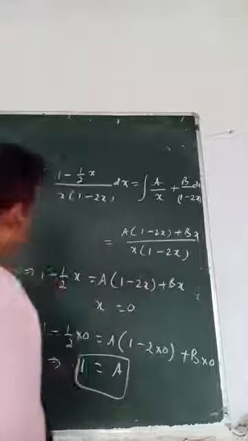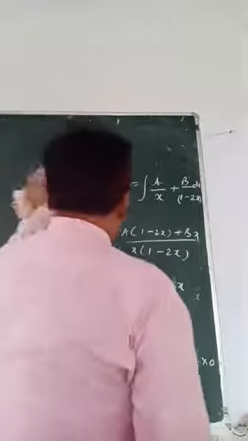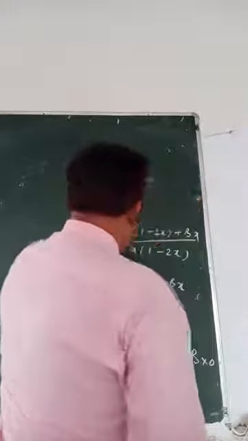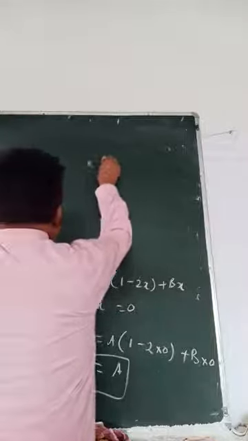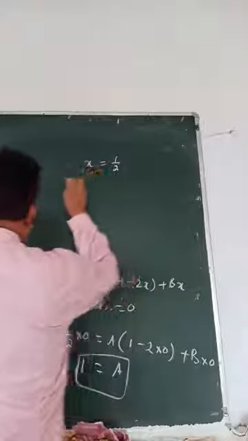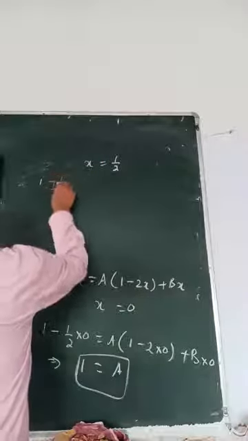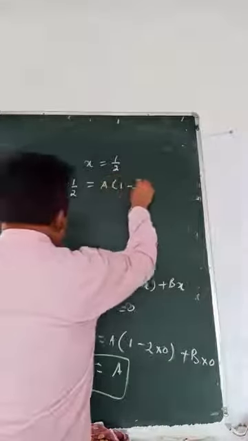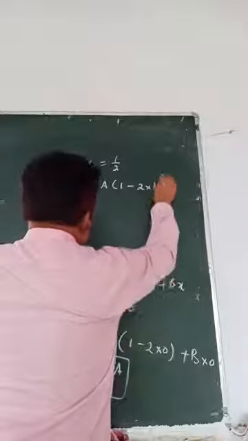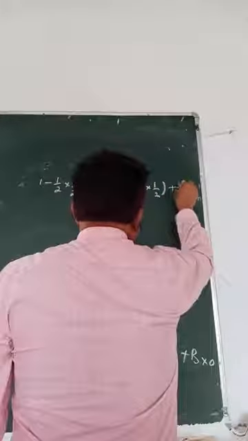Got this value? Now what do I put here so that this will be 0? I put 1 by 2, because 1 by 2 and 2 will be cancelled. So I put x equals half. So 1 minus 1 by 2 into 1 by 2 equals A into (1 minus 2 into 1 by 2) plus B into 1 by 2.